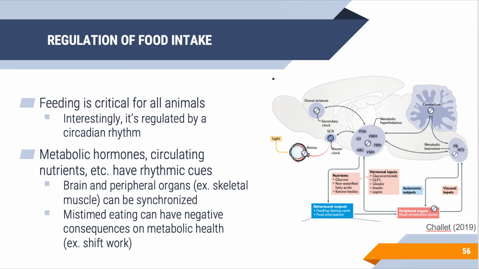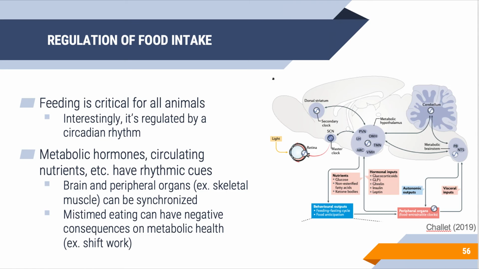We know that the brain and peripheral organs, whether that's skeletal muscle, can be synchronized, so they can be linked. We've learned about that in the ghrelin and leptin lecture. And something important to note is that mistimed eating or skipping meals, shift work, that kind of thing can actually have negative consequences on metabolic health.